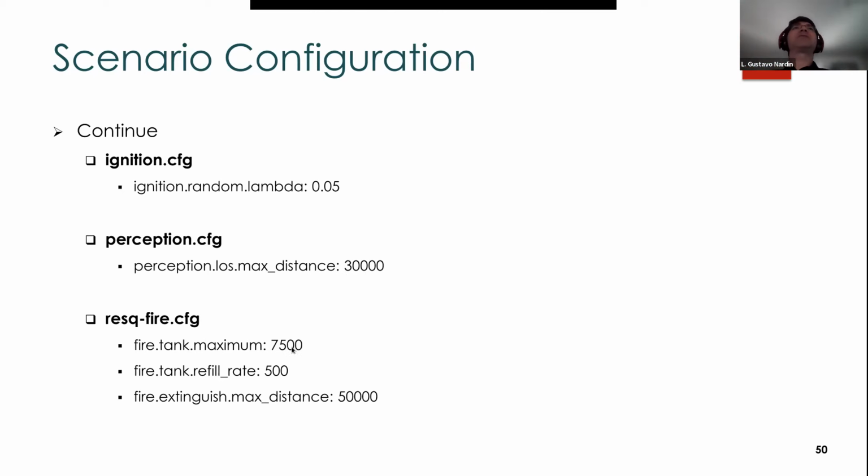Here it is 7,500, and then the refill rate, when it's refilling the tank, will be 500 per cycle. So if it was 0, to reach the maximum it will take 15 cycles to refill the tank. And we have also the max distance, so from what distance the fire brigade can throw water on the fire in order to extinguish it, which is 50 meters. It's further than the perception.